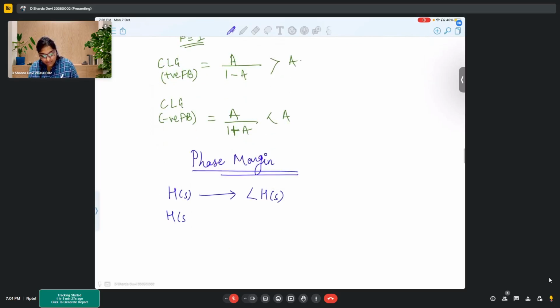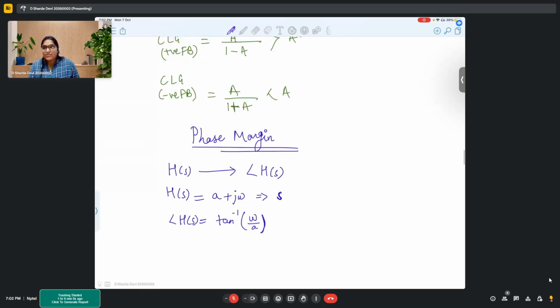Let's say my transfer function is a plus j omega, or it is simply s. Then the phase of that particular system is tan inverse omega by a, correct? Tan inverse omega by a. So this is how you find the phase of your transfer function.